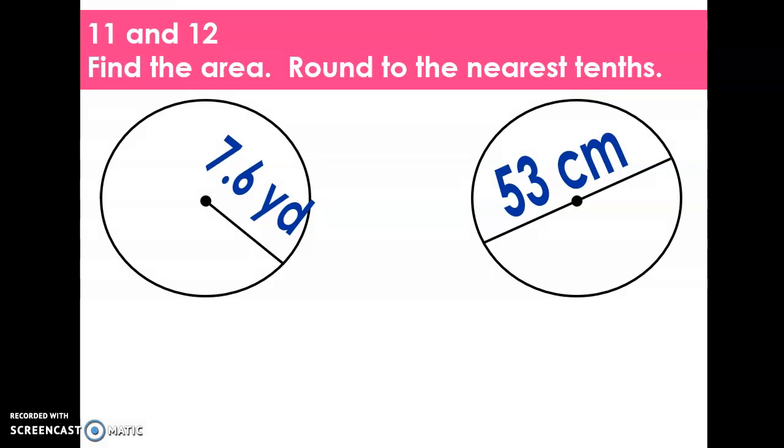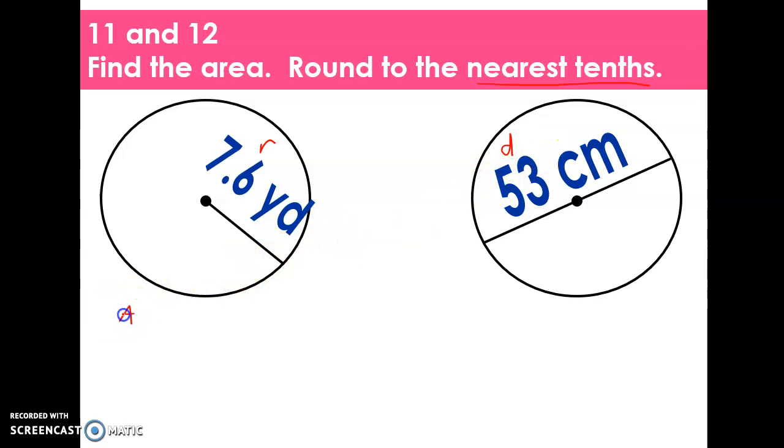Now we're going to use these circles to find our area, and we're going to round to the nearest tenth. We're not going to do that until the very end. So let's think about this. This is my radius. This is my diameter. So I'm going to have to divide this by 2 when I get to this.